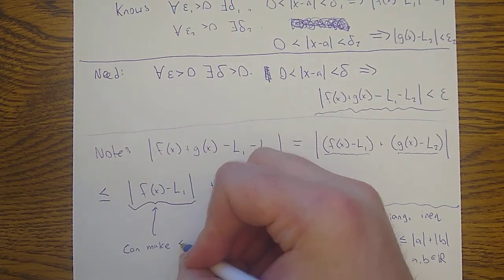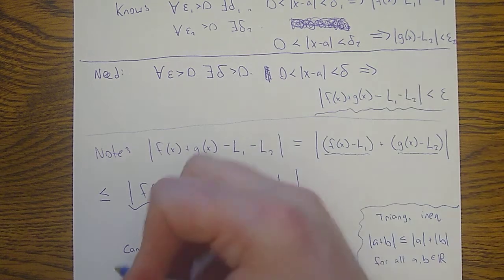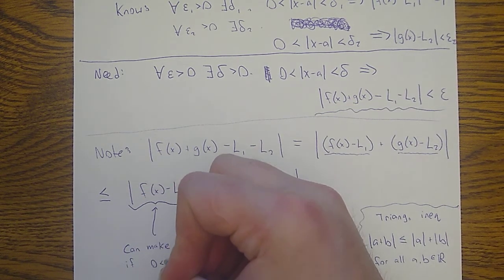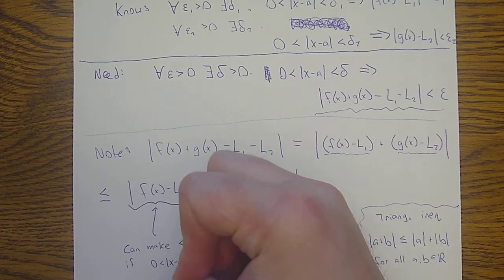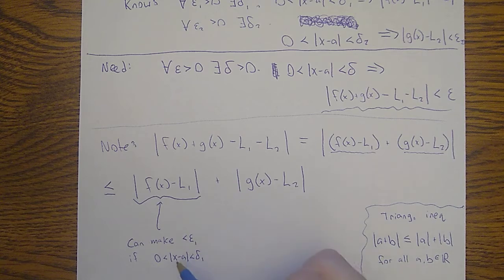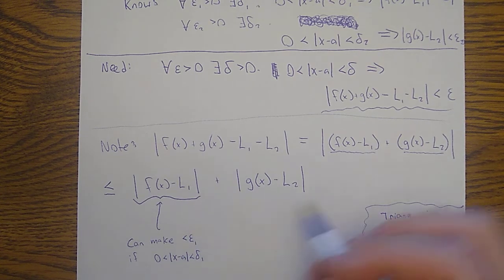I can make this smaller than epsilon 1 if absolute value of x minus a is between 0 and delta 1.